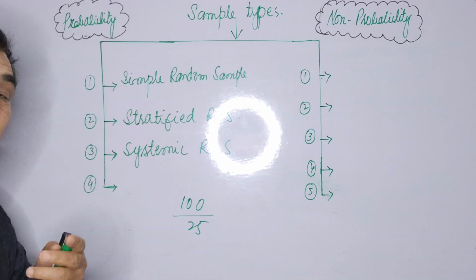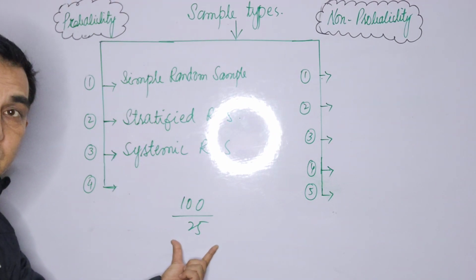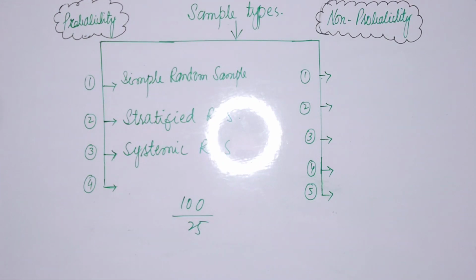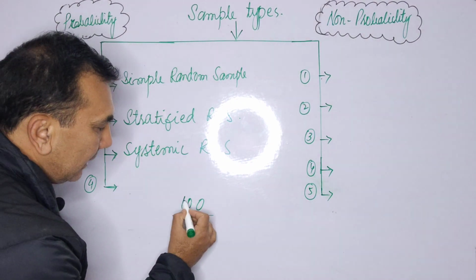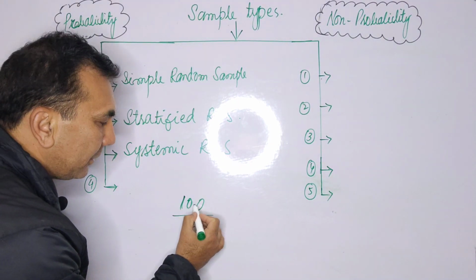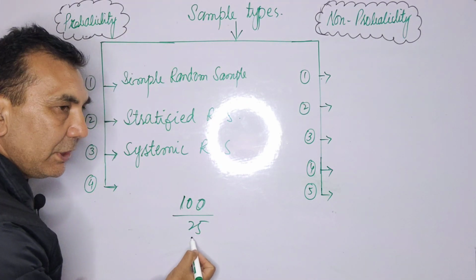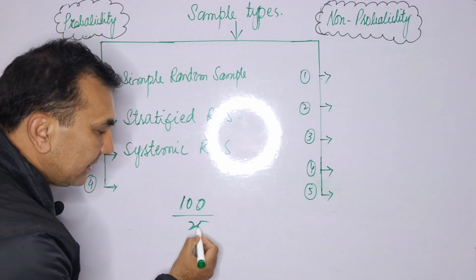How will you systematically select the 25 students from the 100? In the numerator you put the whole population, and in the denominator the sample size, which is 25.